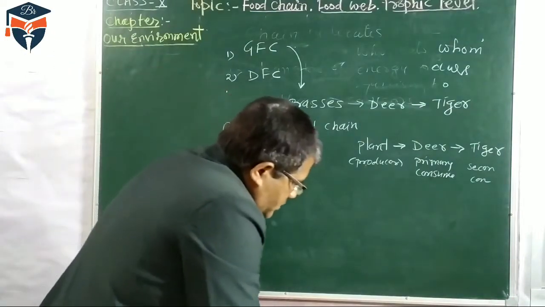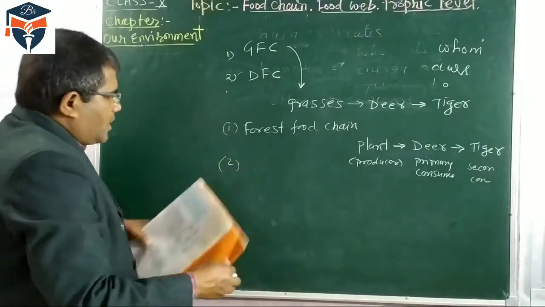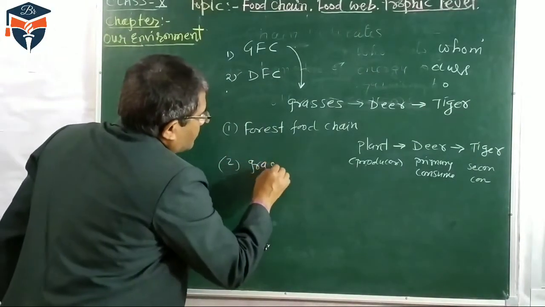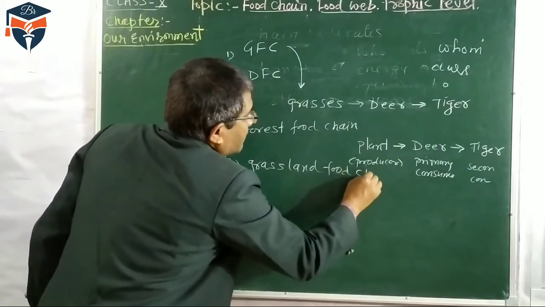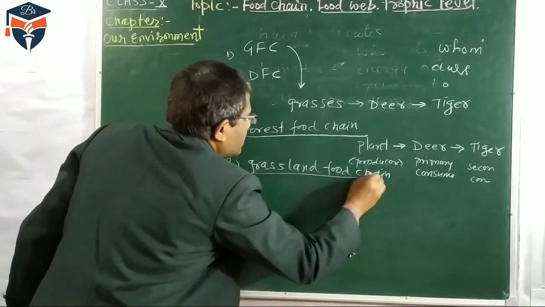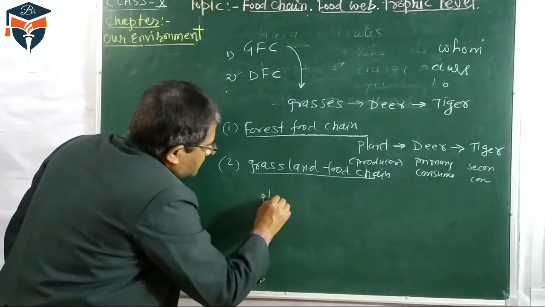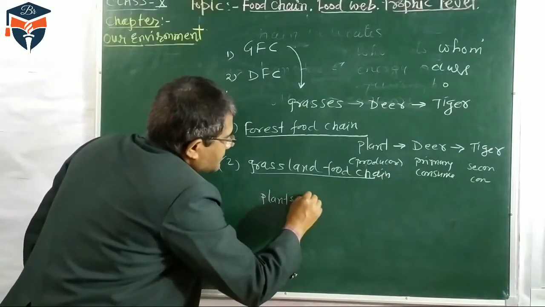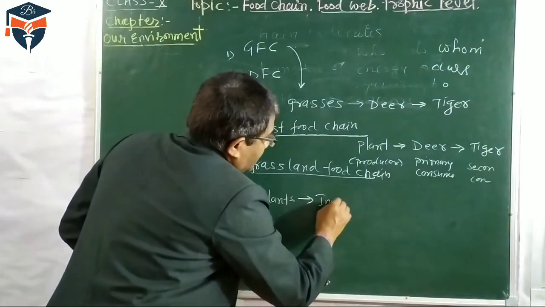Another food chain given in our book is the grassland food chain. In the grassland food chain, the grasses are fed on by some insects.